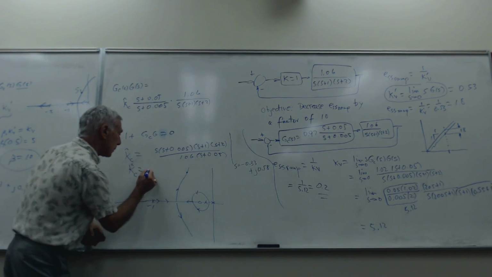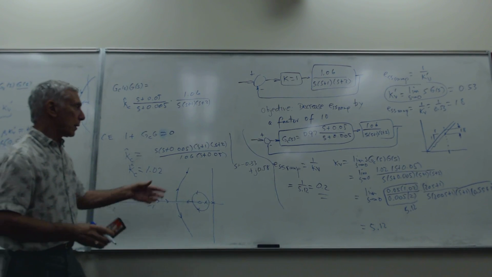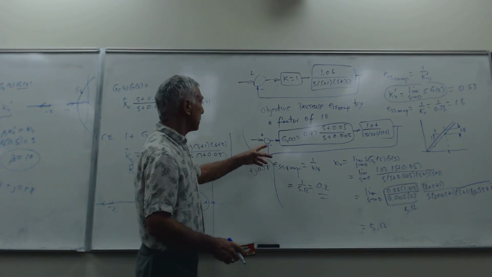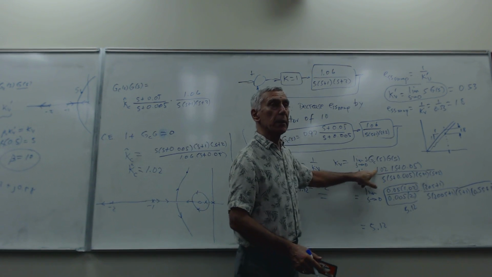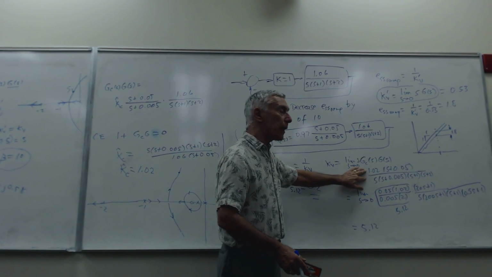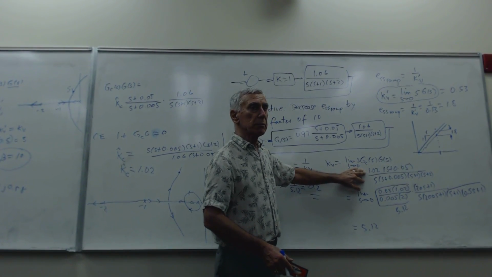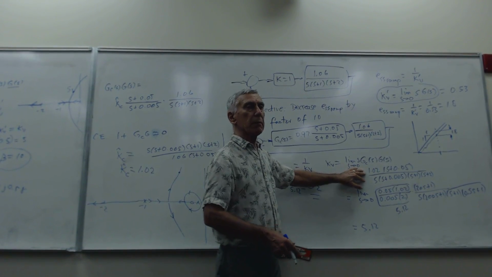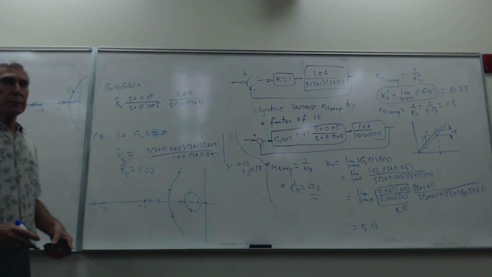So this is 1.02 roughly. That's what I have, 1.02, right here. So that's the final open loop transfer function. Okay, got that.